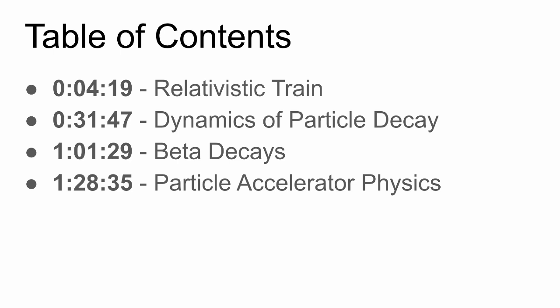I'll refer to them by their question title: Relativistic Train, which deals mostly with relativistic kinematics and working through a paradox type situation; Dynamics of Particle Decay, in which decay of a hypothetical particle is analyzed in a couple different reference frames; Beta Decays, in which dynamics involving muon and neutron beta decays are worked out; and Particle Accelerator Physics, in which collider arrangements are analyzed.